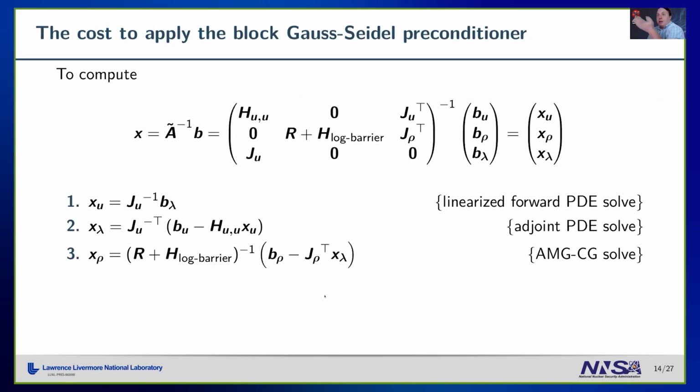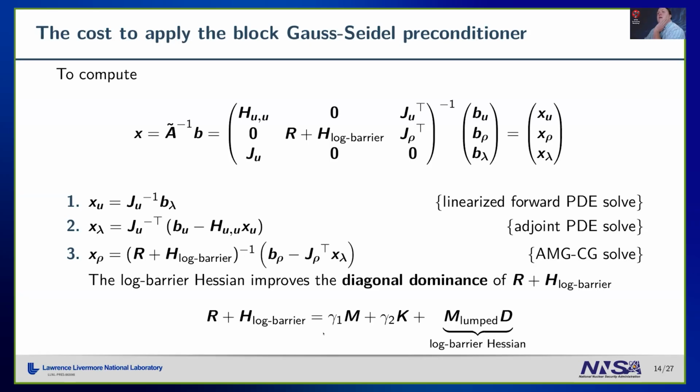Maybe to explain a little bit about the cost to apply this preconditioner. On a suitable basis, it's block upper triangular, and so there are three block solves that need to be performed in order to apply the A tilde inverse. There's a JU inverse transpose, so linearized forward PDE and adjoint PDE solves, and here we'll be doing an AMG CG solve for this.